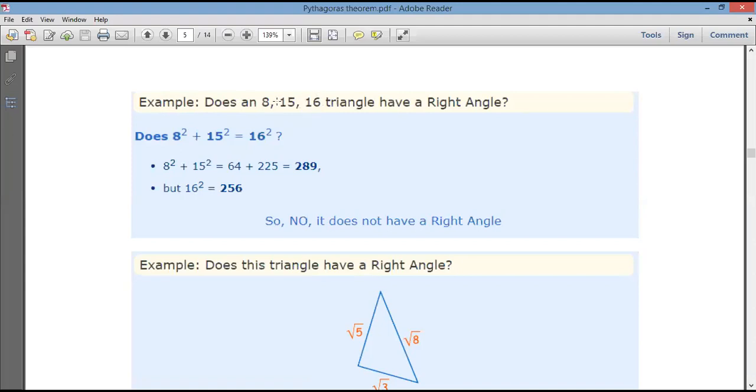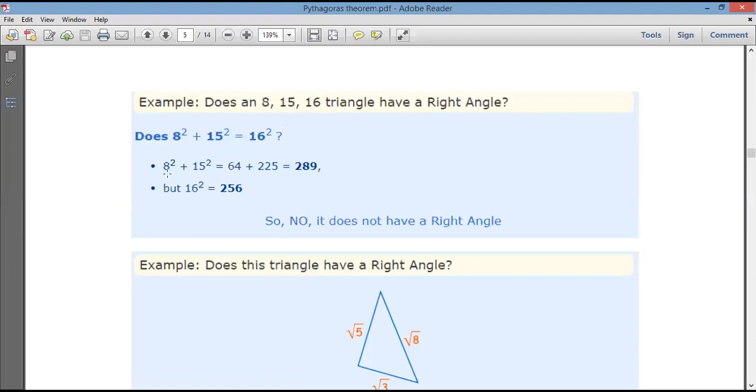The longest side maybe is your hypotenuse, so you put it as c square, and then you put a and b into the formula. If a square plus b square equals c square, then yes, this triangle is a right angle triangle.